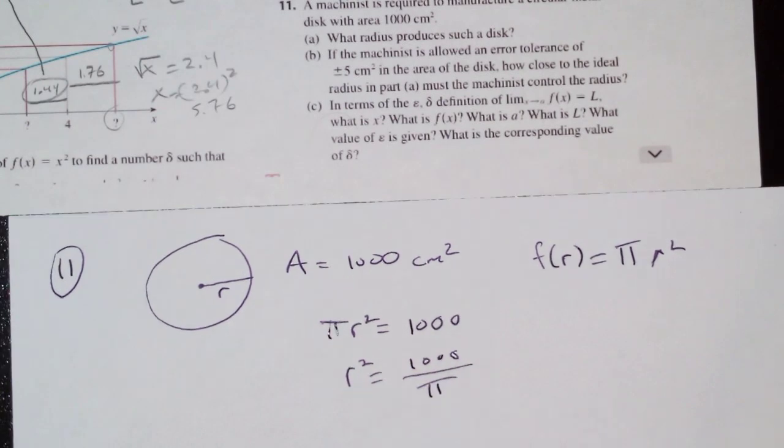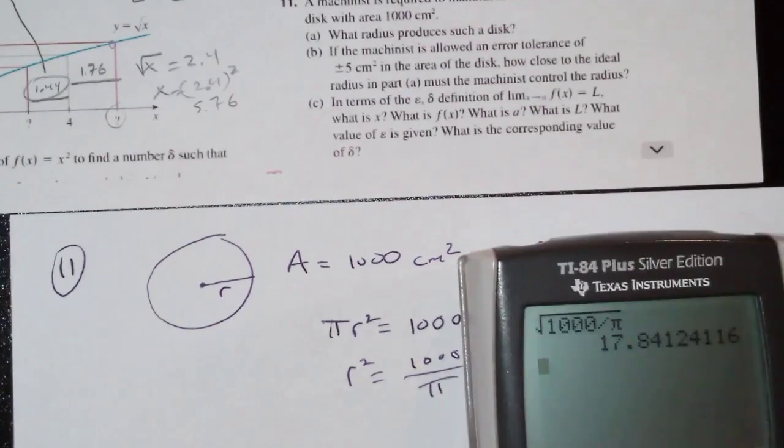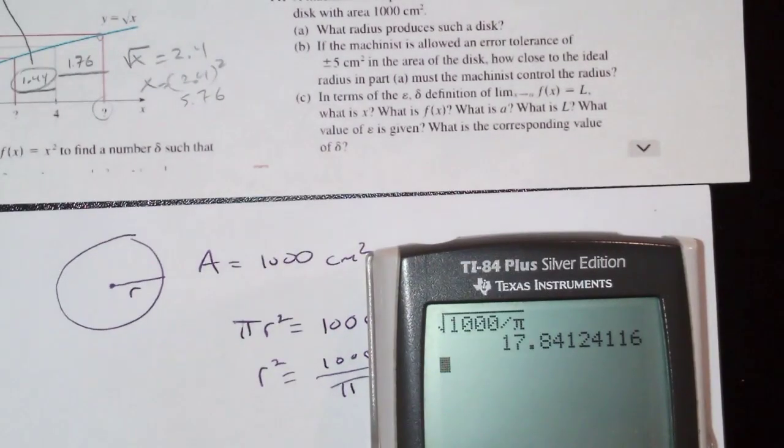Grab your calculator, and we take a square root. 1,000 divided by pi. Take the square root of that, and I get 17. Oh, crud. A lot of decimal places, right? I'm going to be a pain in the neck. I don't know how many decimal places I need yet.